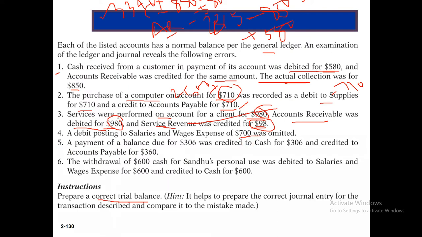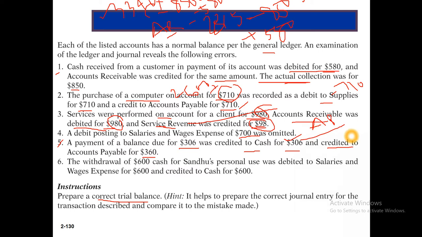Now transaction five. The payment of a balance due 306 was credited to cash 306, so cash is written nicely, no problem here. But it was debited to accounts payable 360. This is the problem. Suppose this is our accounts payable.